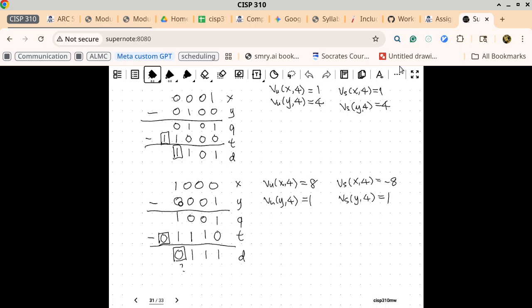But when you look at this one, it doesn't make sense, because this time you are subtracting a non-negative value, because the sign bit of y is a 0, from a negative value, because x has a 1 as the sign bit. But the result, which is the difference, is non-negative. Does that make sense? Let me say that one more time.